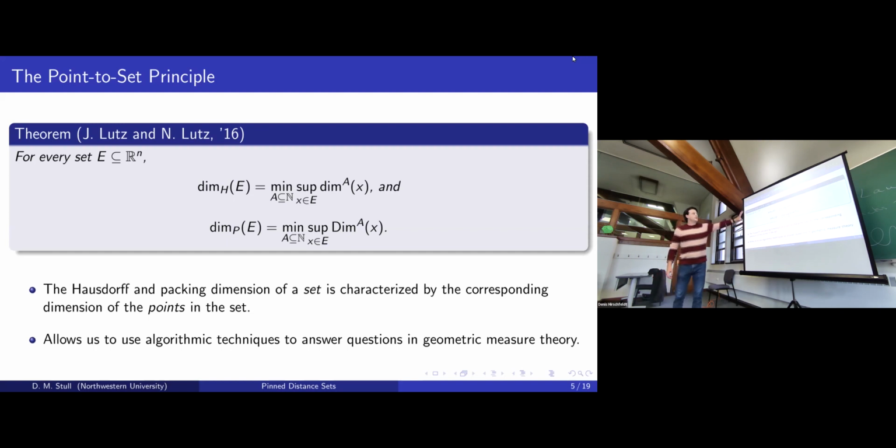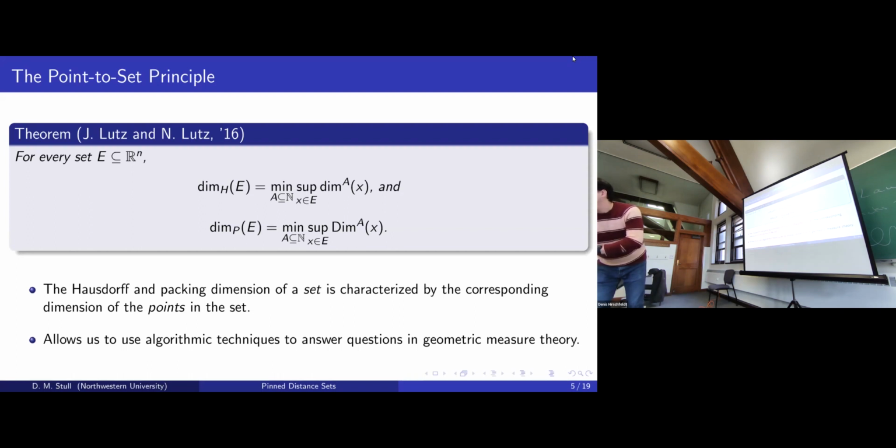So this bridge, the point to set principle, allows us to use techniques from algorithmic randomness and make progress on questions in geometric measure theory. Okay. So that is a quick recap of the ideas from algorithmic randomness.